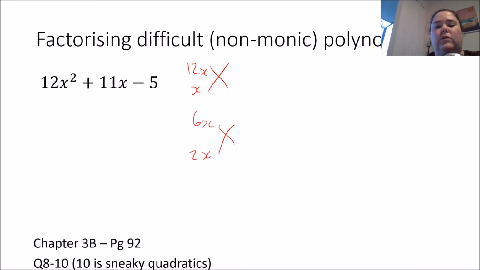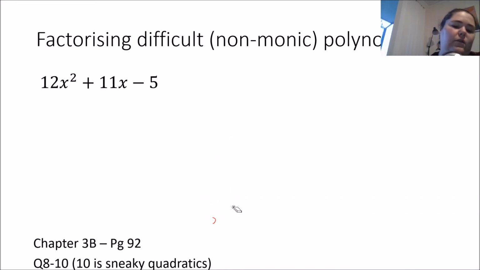You have to do 12x and x, and you have to do 6x and 2x, and you have to do 3x and 4x, and consider all of those. Then consider all your factors of -5, which is clunky, annoying, and we don't want to do that. So for this one, ACB is a lot quicker. So ACB. I know it's not alphabetical, it bugs me as well.